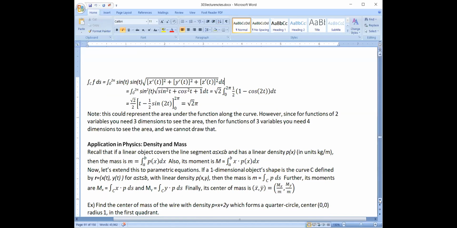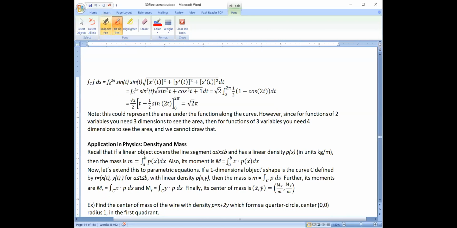So notice that if we just draw a picture, my piece of wire is just the piece of the circle in the first quadrant. So it just looks like that. Its center of mass does have to be somewhere in the plane. And now we're going to do the calculations to figure it out.